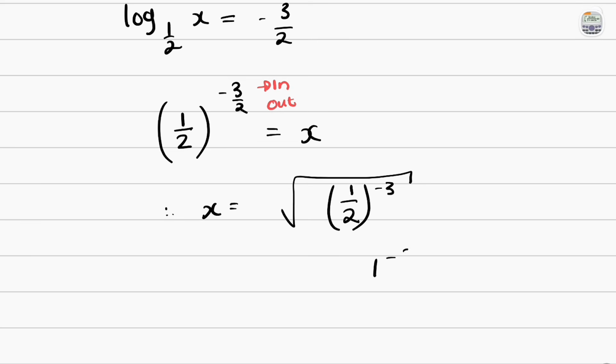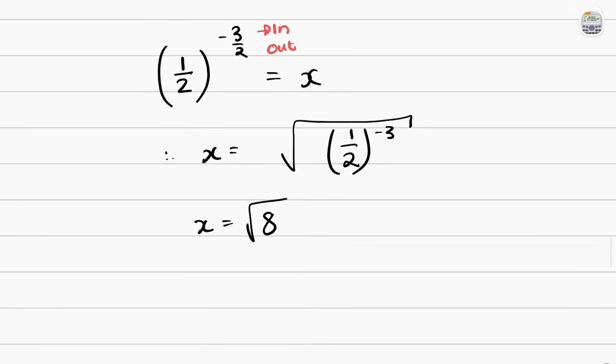That's going to be 1 to the power of negative 3 over 2 to the power of negative 3, but the exponents are negative. So you would have to move that base of 2 to the numerator and this base of 1 to the denominator, giving you 2 to the power of positive 3 over 1 to the power of positive 3. And so that's 8 over 1. So that's how we will end up getting that this is actually equal to the square root of 8.